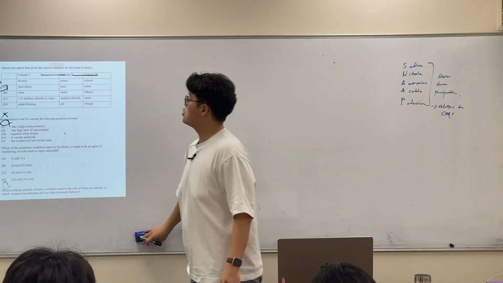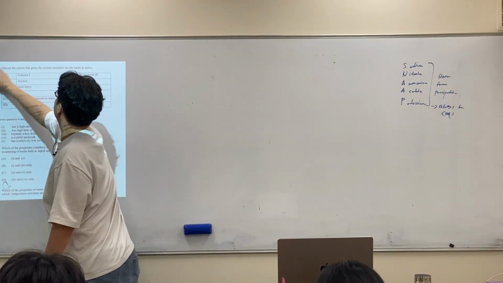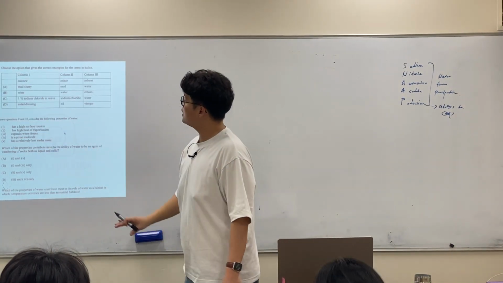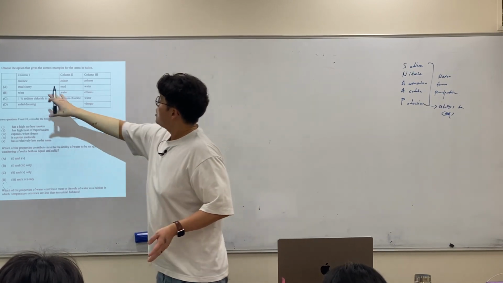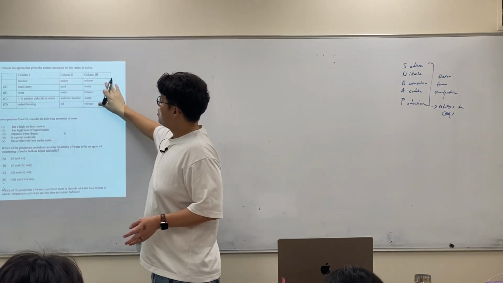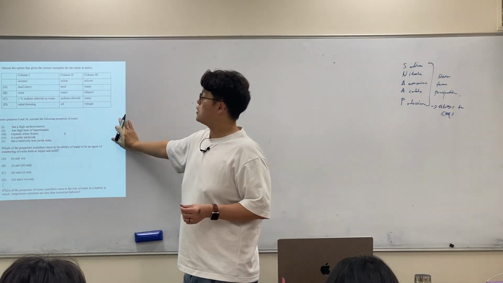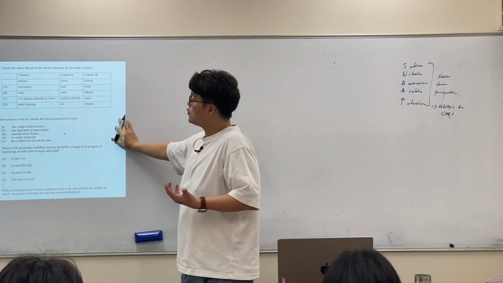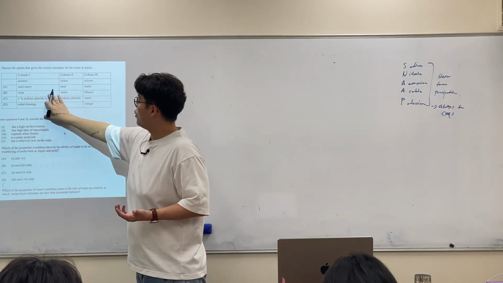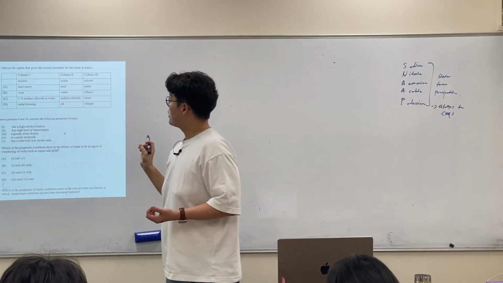8. Choose the option that gives the correct example for the terms in italics. Alright, we have a mixture in column 1, and solute and solvent given over here. For the mixture, we can have mud, slurry, wine and so on.